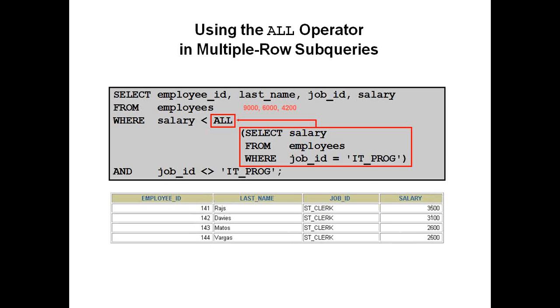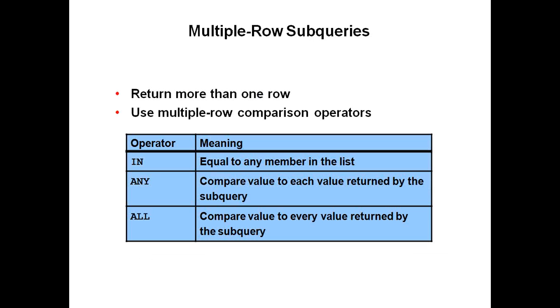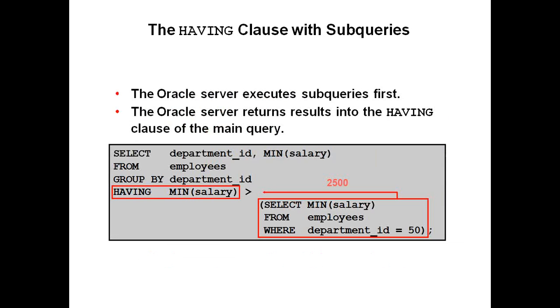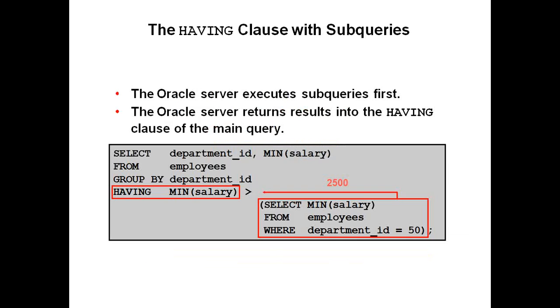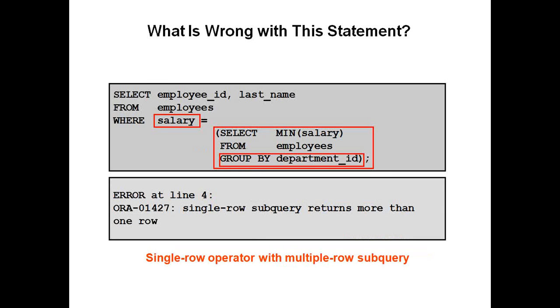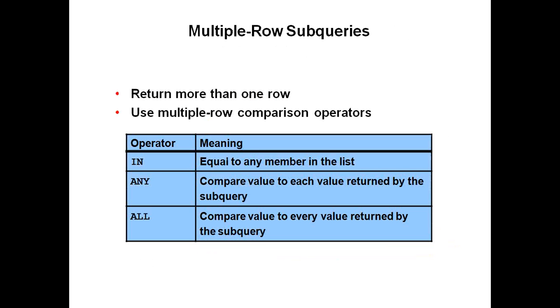So for single row subqueries, we use comparison conditions like equals to, greater than or equals to, etc. And if it is a multiple row subquery, if the subquery is retrieving more than one value, then we use conditions which we usually call multiple row subquery comparison conditions.